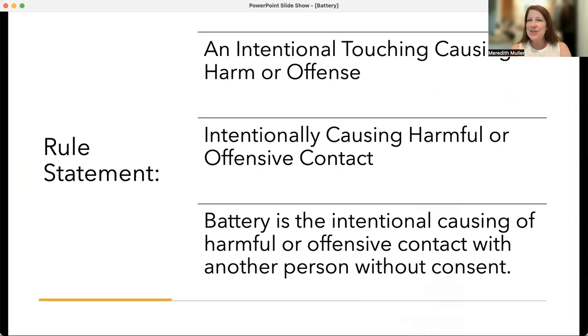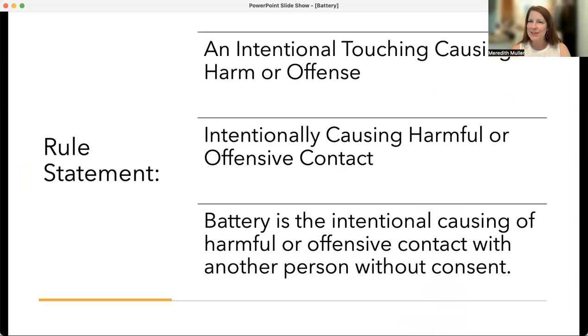When we're putting together our rule statements for battery, how are we going to write about this? You can state rules in several different ways, as long as they contain all of the elements. We can say a battery is an intentional touching that causes harm or offense. We can say you're intentionally causing harmful or offensive contact. Or we can say battery is the intentional causing of harmful or offensive contact with another person without consent. That's a lot.